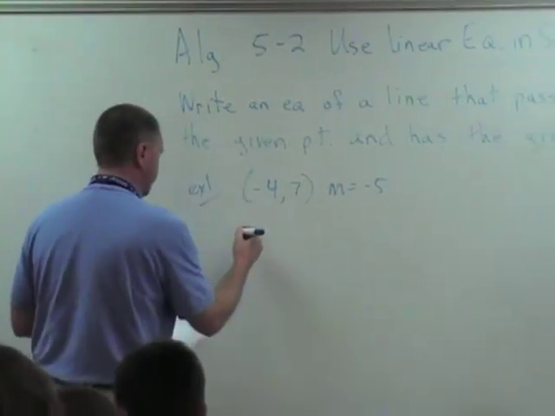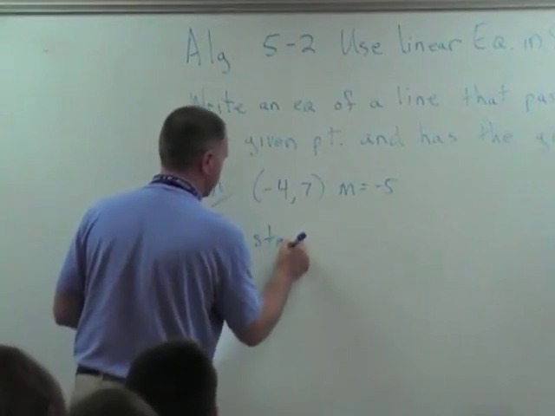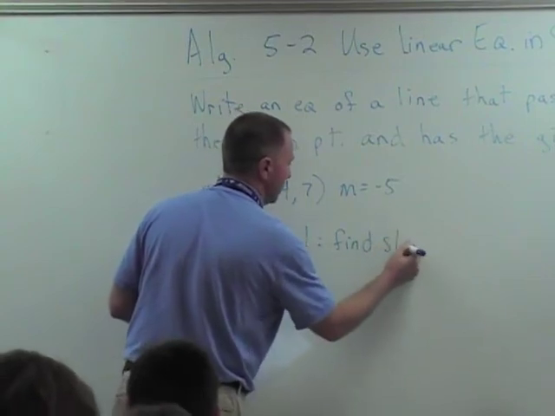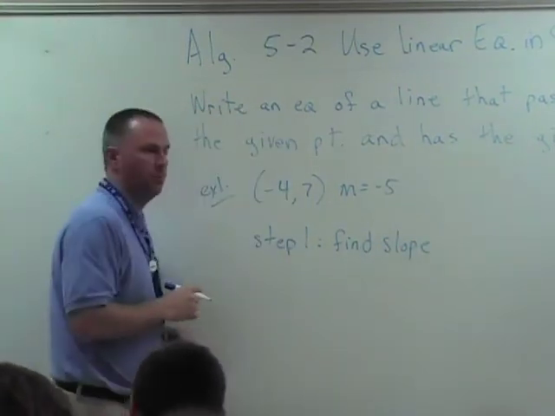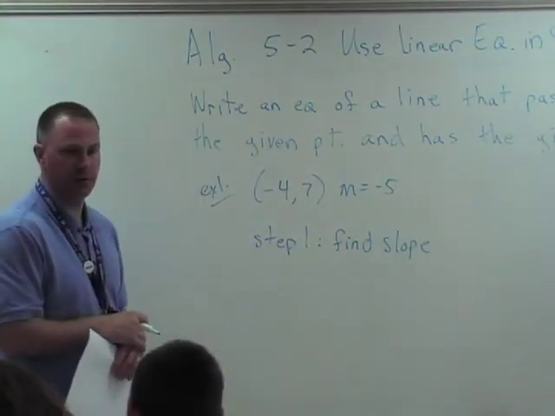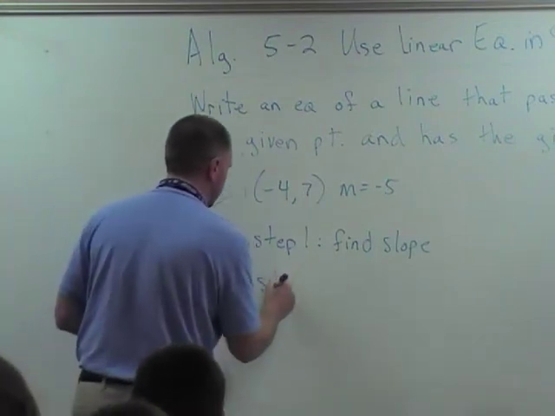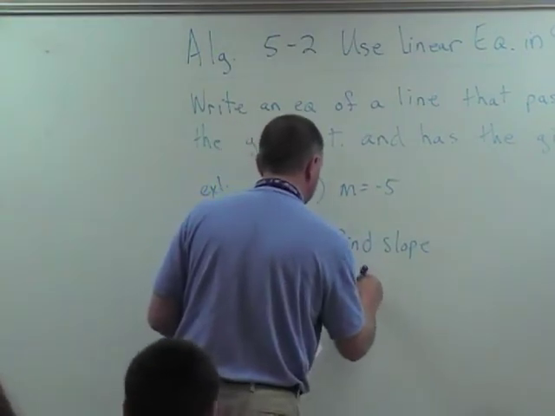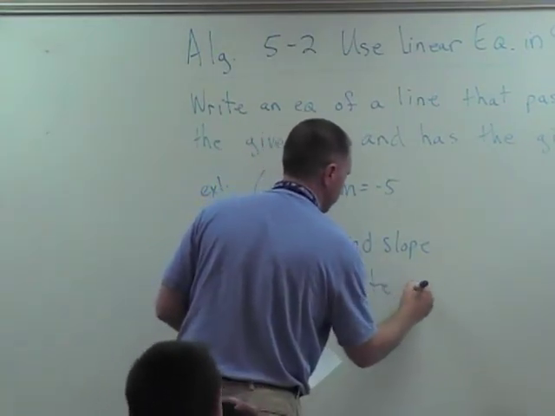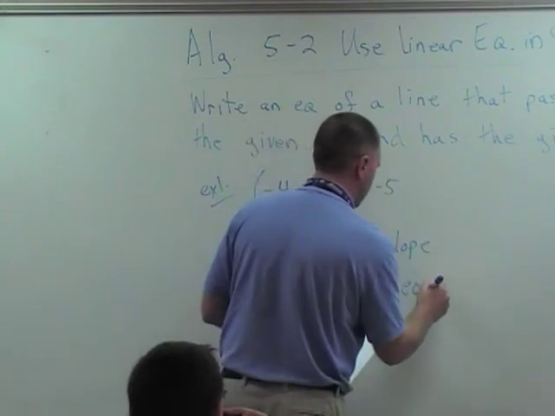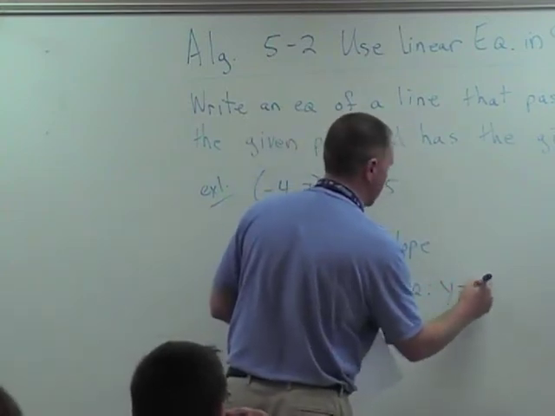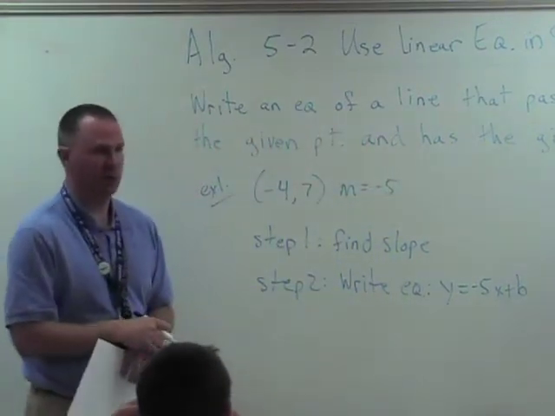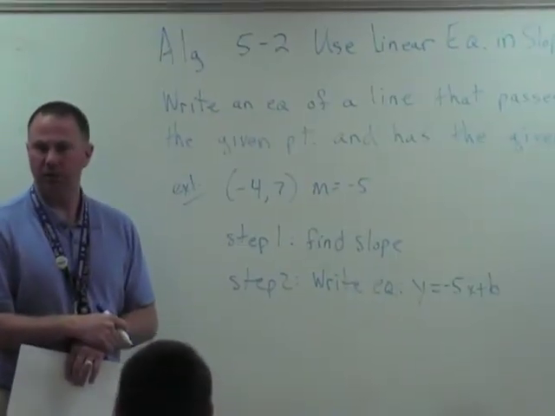Step 1 is find the slope. Well, we've been given the slope, so step 1's already done for us, right? Step 2, write the equation, so that would be y equals -5x plus b. That's your slope-intercept form with the slope put into the equation.